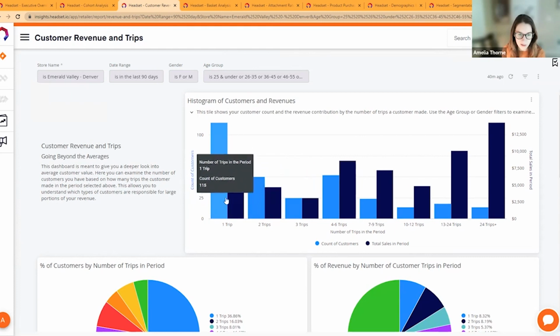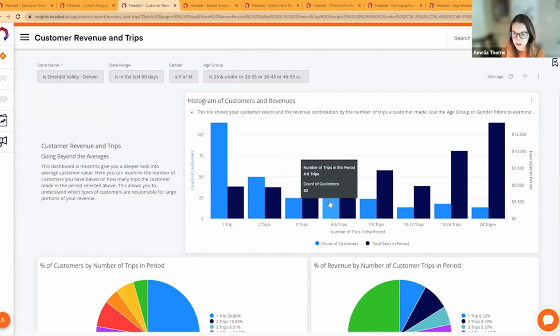We can see that 1 trippers here have 115 customers and about 4,800 in sales. Whereas if we look at the 4 to 6 and 7 to 9, what we want to see is our count of customers is a little bit higher than initially, but we're bringing in a lot more sales. So that means that those people that are coming in more often are spending a little bit more when they come into the store.